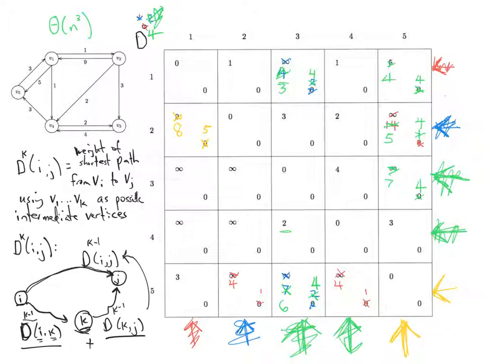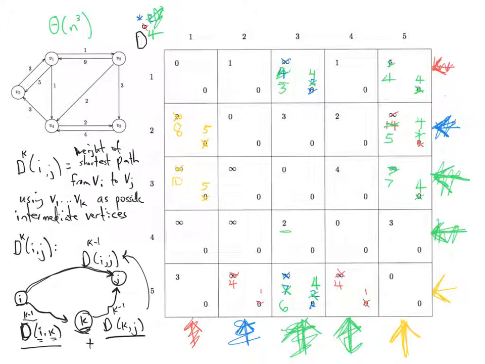Okay, back to the row. 3 already beats 5, 2 beats 5, oh, infinity is 3 plus 7, so this infinity changes to 10, and we did that at vertex 5.